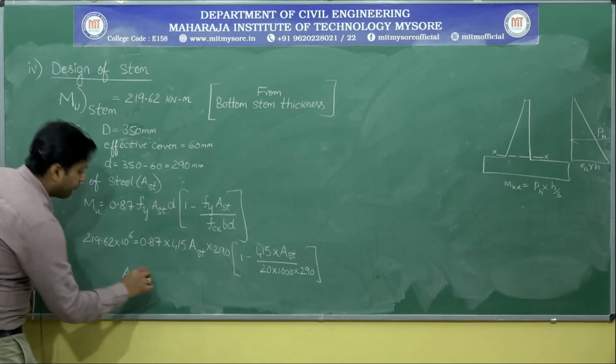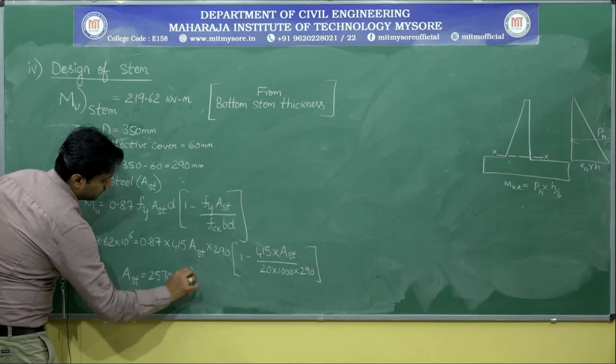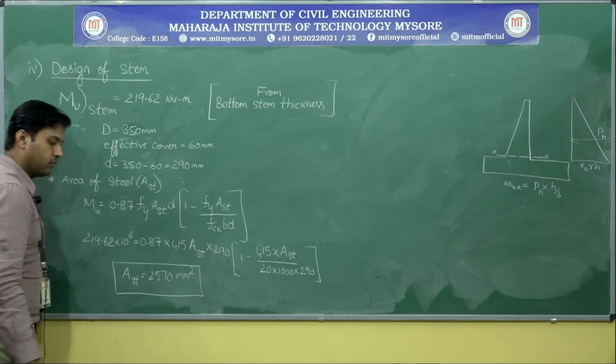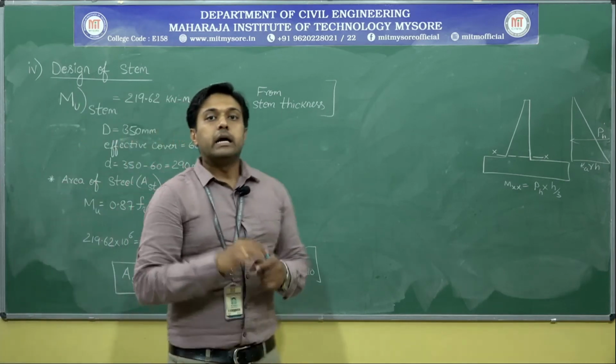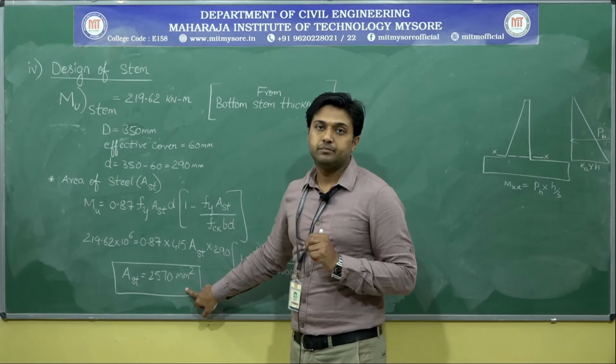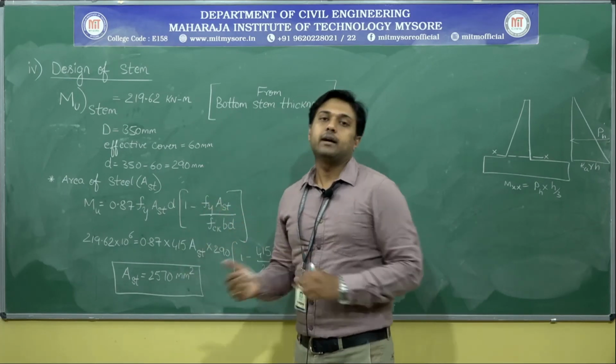It is 2570 mm square. Observe here, actually we need to check for AST minimum. But as the procedure is lengthy, let us avoid small steps.